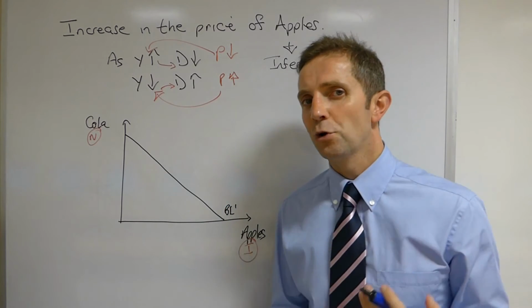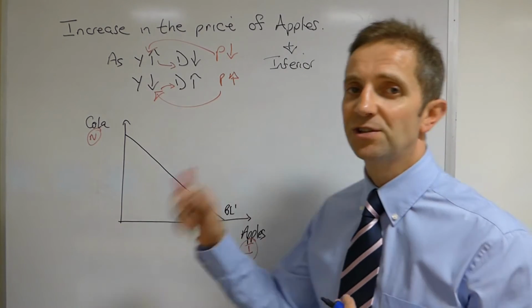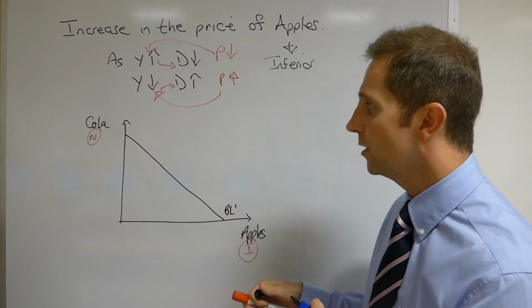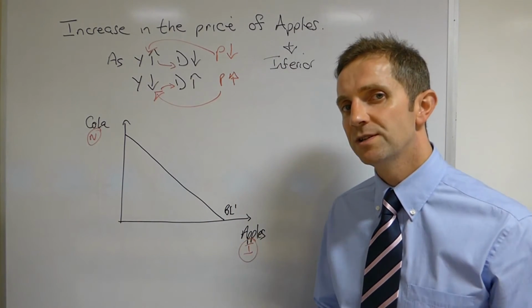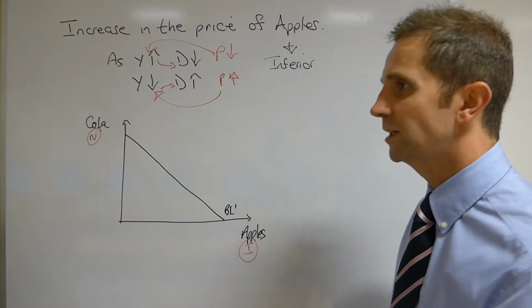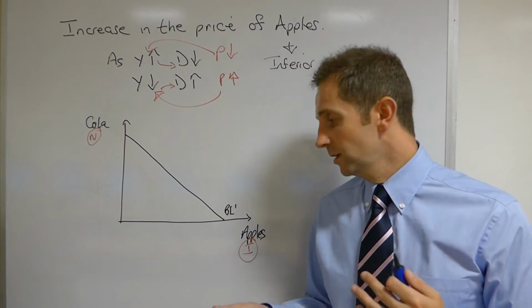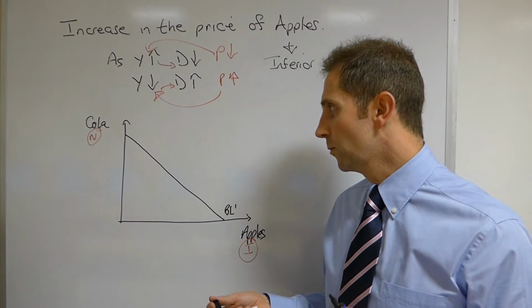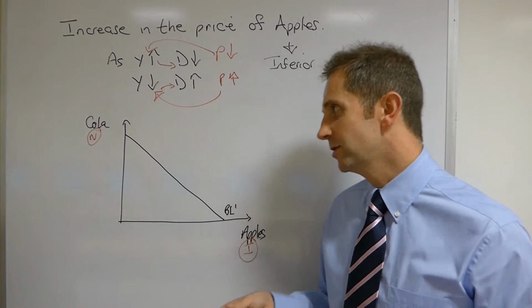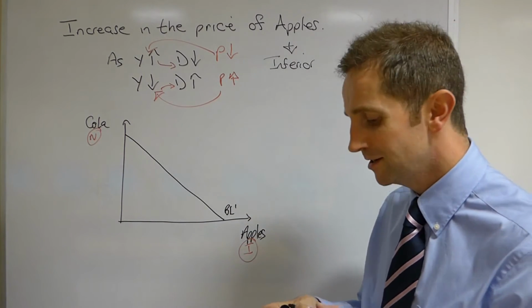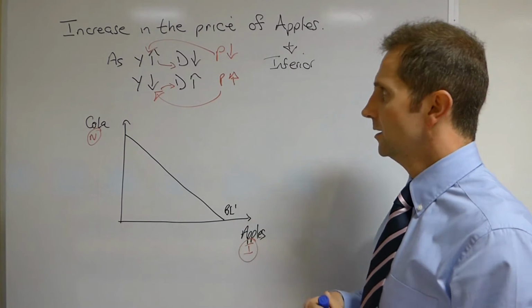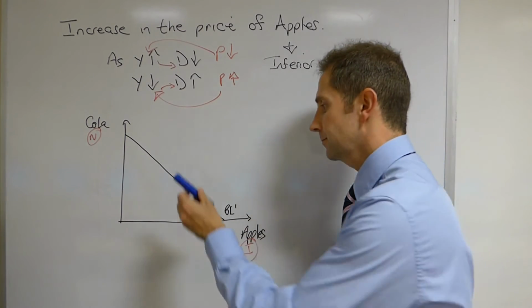Now I have actually drawn this once already and had to scrap it and start again. And you might find that you'll have to do the same thing just to get the diagram right. I'll give you a little tip as we go through the diagram about where you might want to start it, so you don't have to keep redoing it as I have had to do. So what happens here?